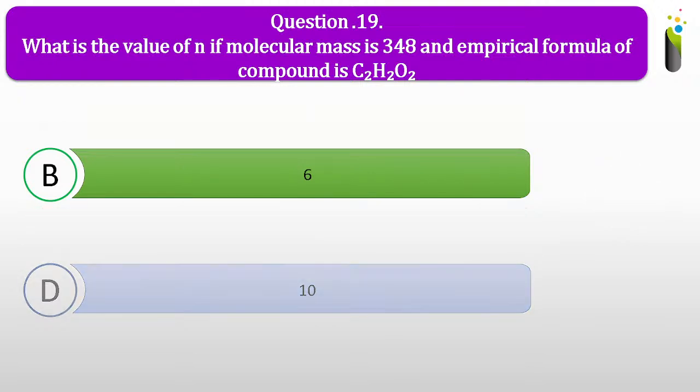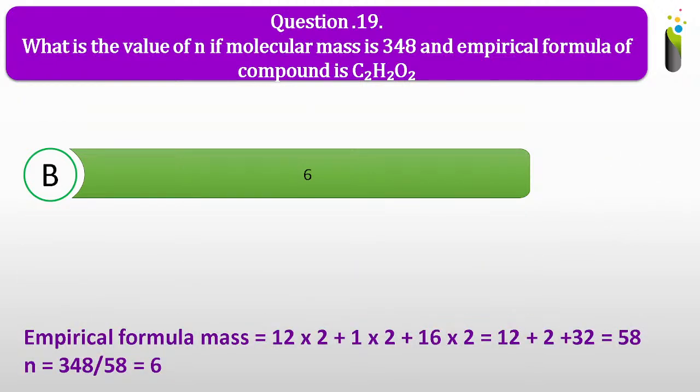And the correct answer for this question is, anybody? Any guesses? Kanak? Bacha galat gave up. The answer is B, that is 6. Try to understand. The empirical formula mass is equal to 12 into 2 plus 1 into 2 plus 16 into 2, that is C2H2O2.